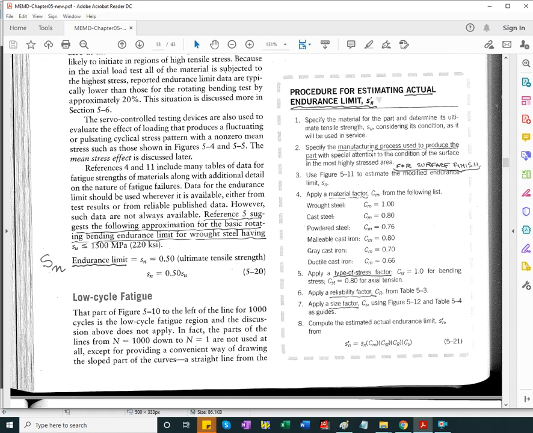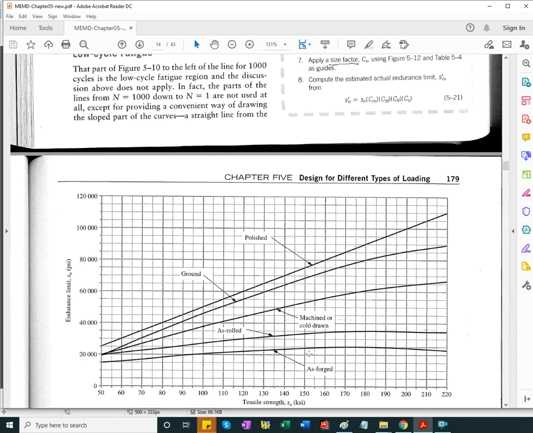So Sn corresponds to, like I said, half of the ultimate strength, the endurance limit for a material assumed to be half of the ultimate strength. And then we have the surface finish coefficient, which is included with Sn.